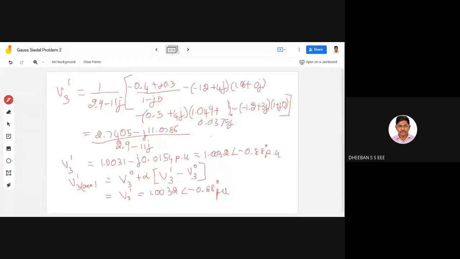So okay, just change the value, and you'll be getting V3 dash.